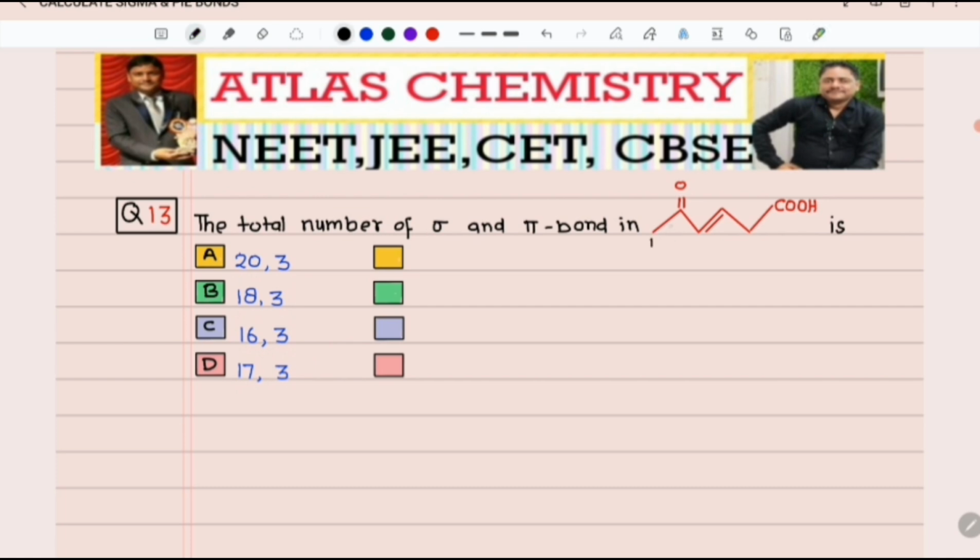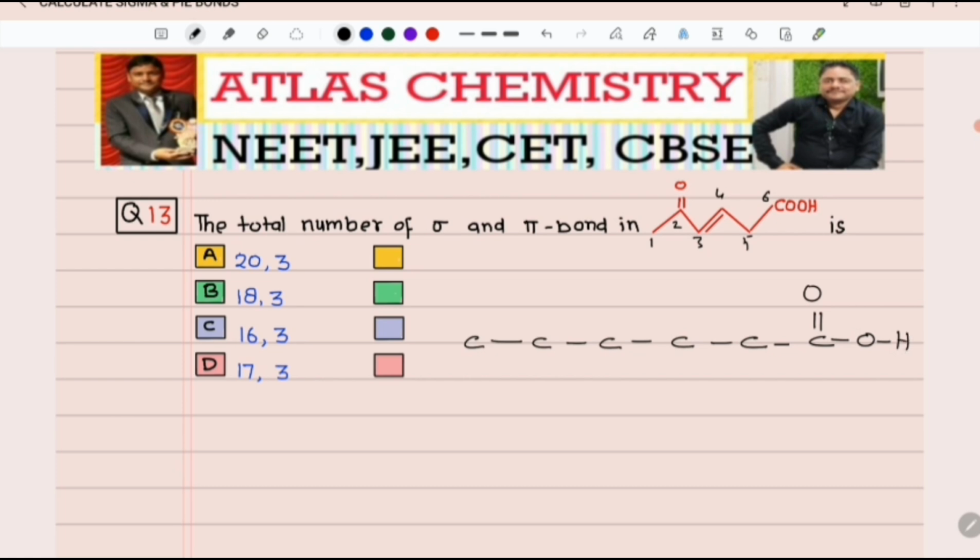So given numbering, 1 carbon, 2 carbon, 3, 4, 5 and 6 carbon atoms are there. The last carbon has a carbonyl and OH group.